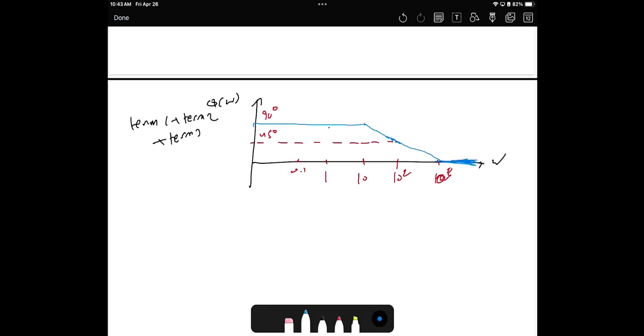One is the pole's location at the left-hand side, right? If the pole's at the right-hand side, this will lead to an unstable system. So our target when we design the controllers, either the PID controller or the state feedback controller, whatever we do, we will try to move the location of the poles from the right-hand side to the left-hand side. So this will lead to a stable system.